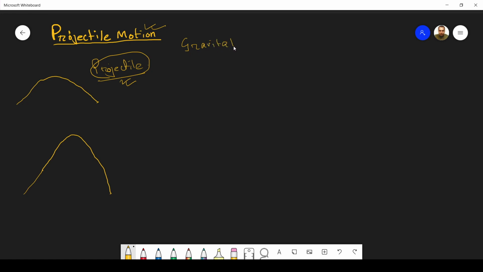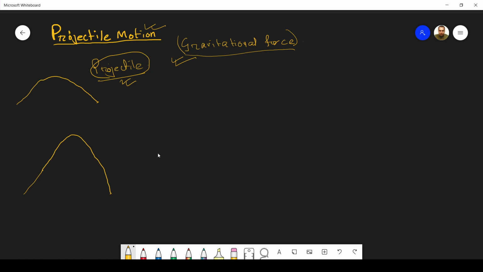But this doesn't mean other forces are not acting on the object. When you throw something into the air, air resistance or air friction may be there. But for projectile motion, we consider only gravitational force and we don't consider other forces which may be acting on that object.